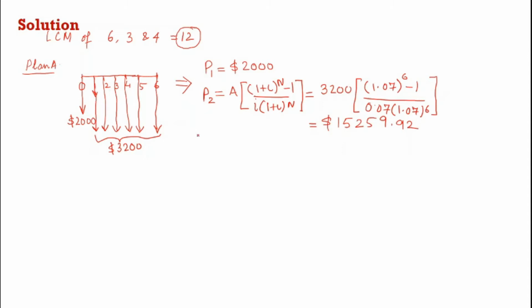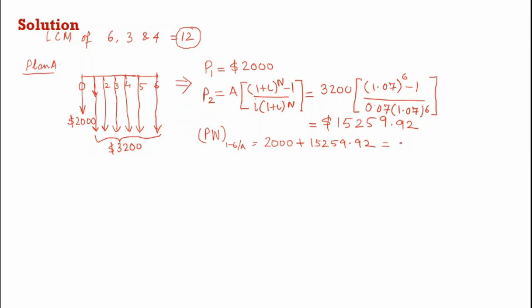Now just for 6 years, if I am interested in finding out the present worth, of course not up to 12 but rather 1 to 6 for option A, this will be equal to 2000 plus 15259.92. Both these arrows, they are in the same direction, so I'm adding it up.